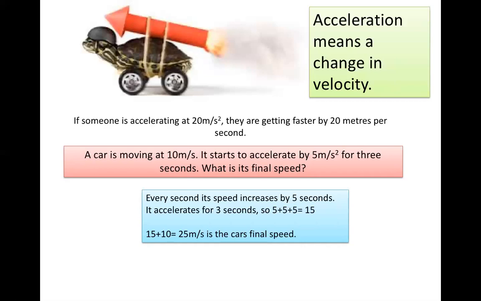So 5, 10, 15 meters per second in those 3 seconds, and then I add it to the starting speed of 10. Altogether, 25 meters per second is the car's final speed. Anyone confused so far? No? If I'm too fast, please stop me.